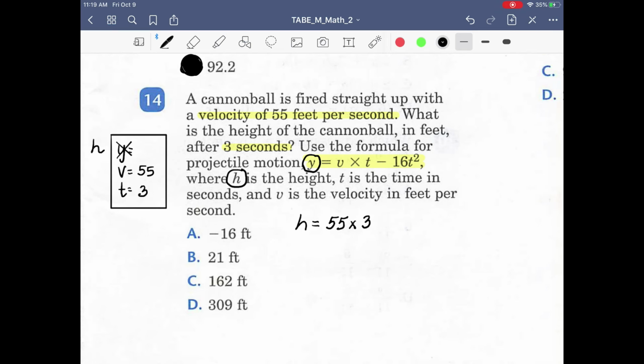But this is where we factor in gravity. It's minus 16 times 3 to the second power. This last term here is the effect of gravity on the cannonball. So the height is going to be determined when we finish this math.